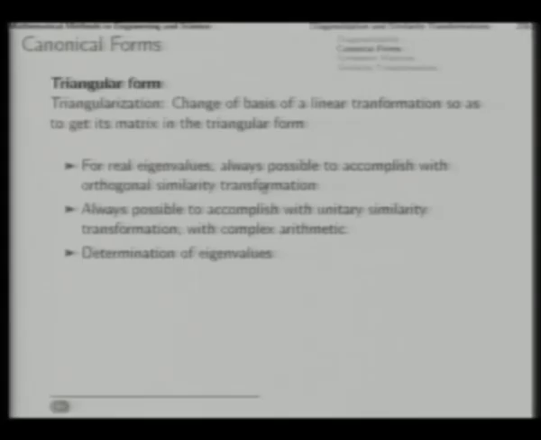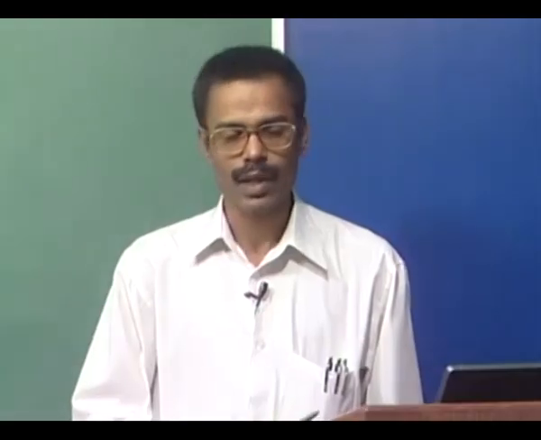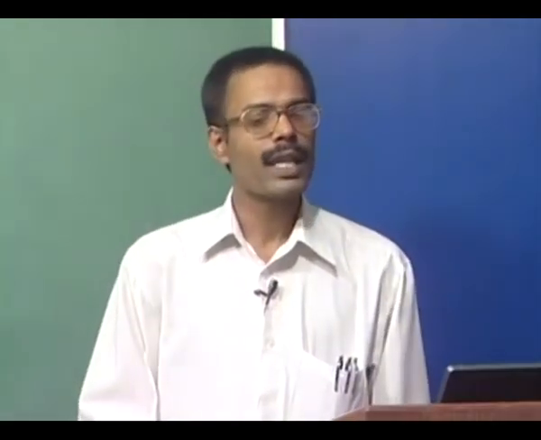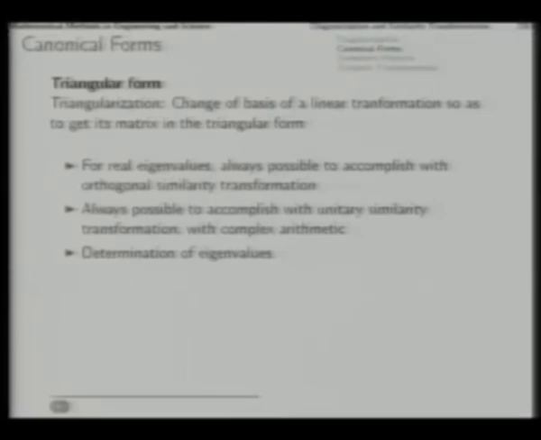Even if eigenvalues are not real, even if you have complex eigenvalues for the real matrix, even then you can take recourse to complex arithmetic in your calculations, and you will be always able to triangularize the matrix with unitary similarity transformation.